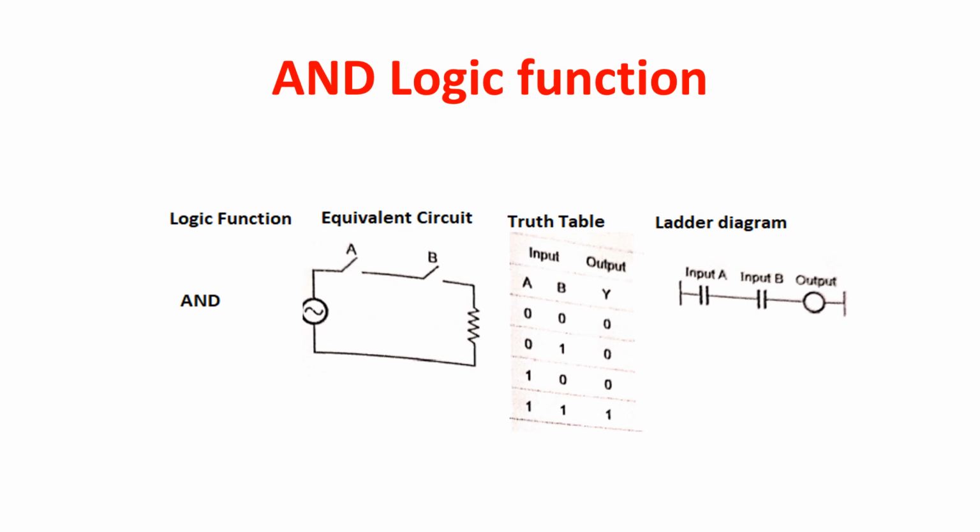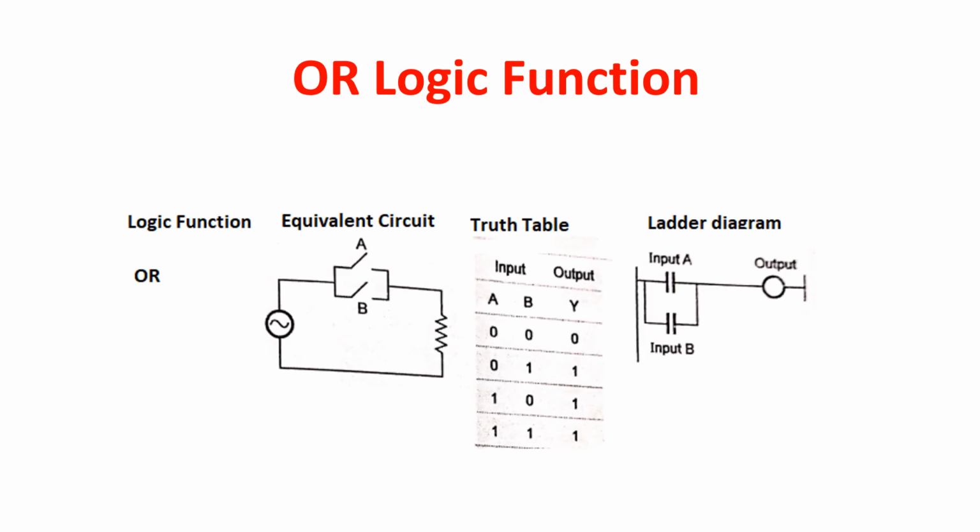Here we considered two inputs, input A and input B. The OR logic function is indicated here. In this equivalent circuit, we considered two inputs, input A and input B. When both the inputs A and B are normally open, the output will be 0.